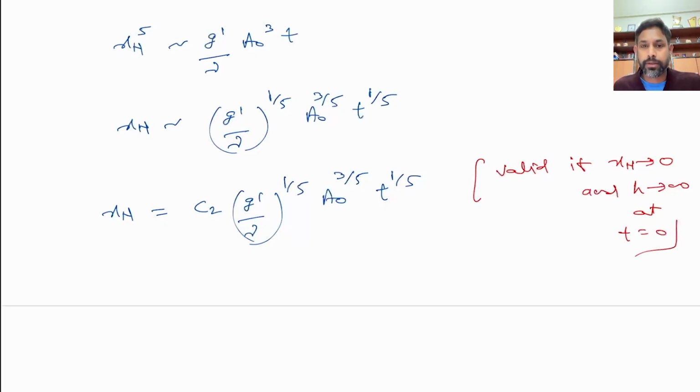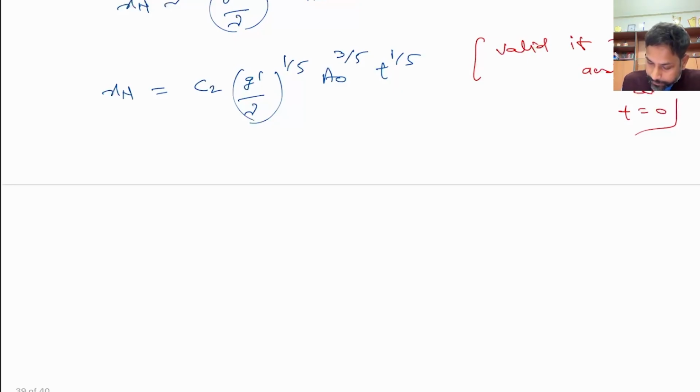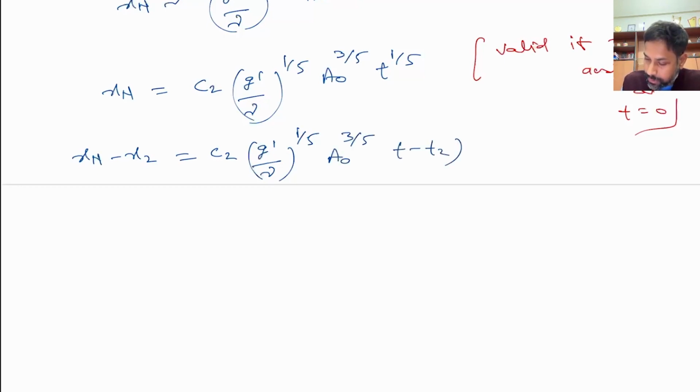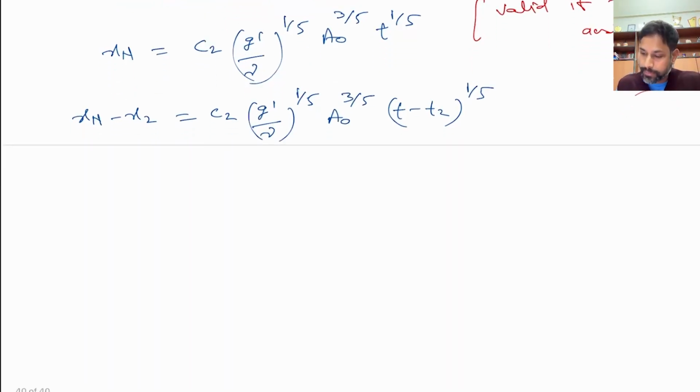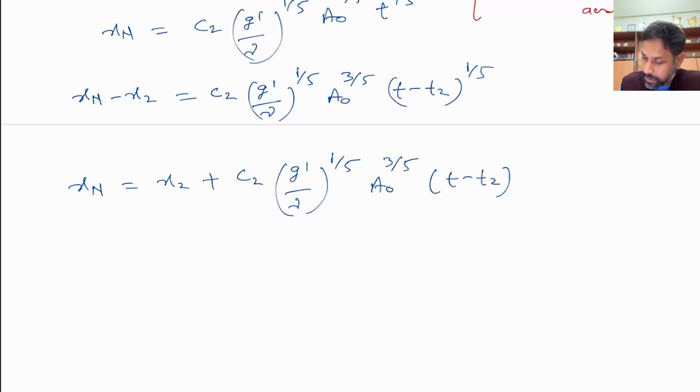That is not true, because we are solving for the late time regime where the gravity current has already seen the early stage, so this can be replaced with xn minus x2 equal to c2 (g prime over nu)^(1/5) a naught^(3/5) (t minus t2)^(1/5). So xn is equal to x2 plus c2 (g prime over nu)^(1/5) a naught^(3/5) (t minus t2)^(1/5).